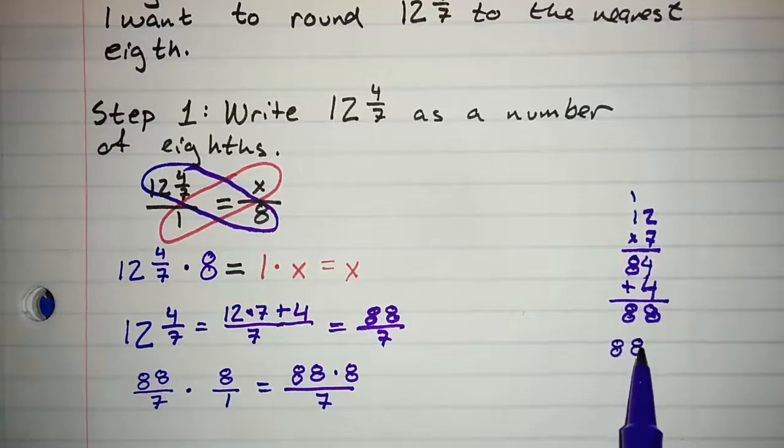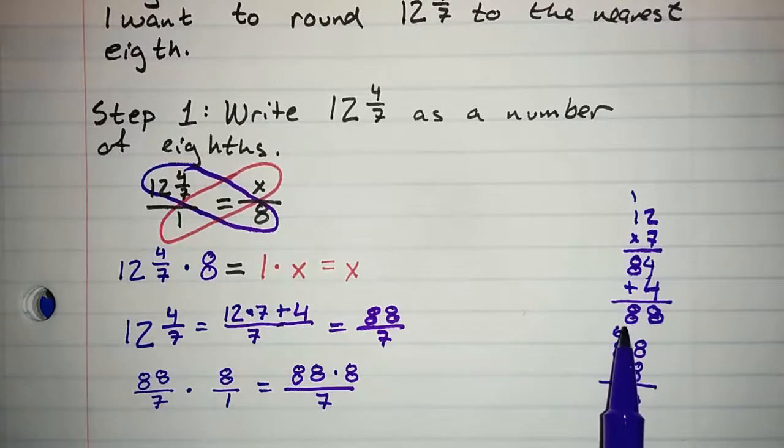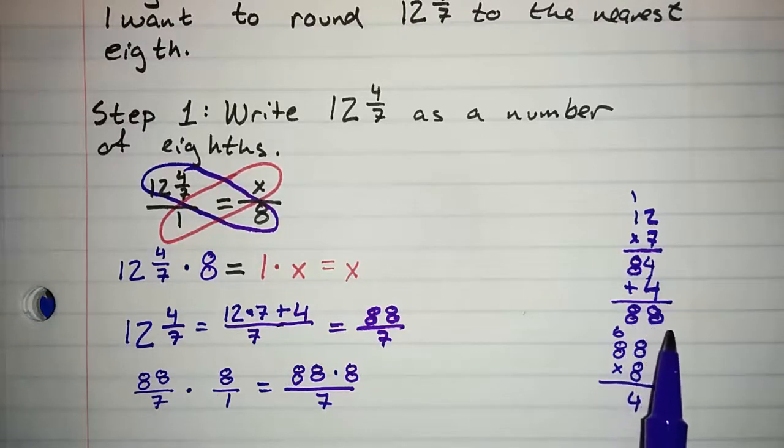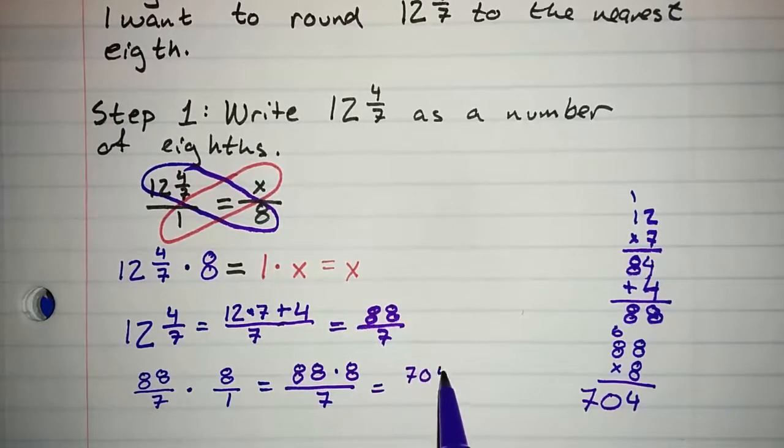88 times 8. 8 times 8 is 64. 8 times 8 is still 64. 65, 66, 67, 68, 69, 70. So I have 704 sevenths.